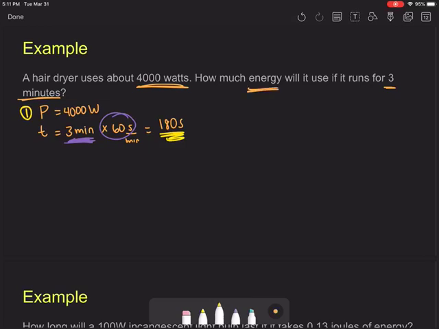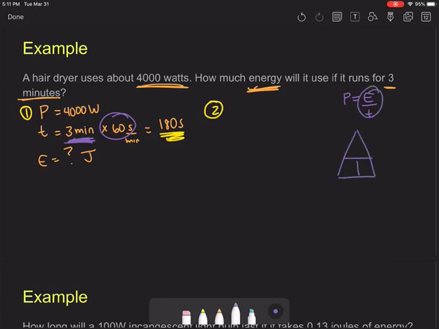The last thing is we're trying to find out how much energy it will use. So we don't know what E is, but we do know E should be measured in joules. All right, step 2 is to figure out what equation we're going to use. We are given this equation here, but we need to isolate for E. So we're going to use our little triangle trick.